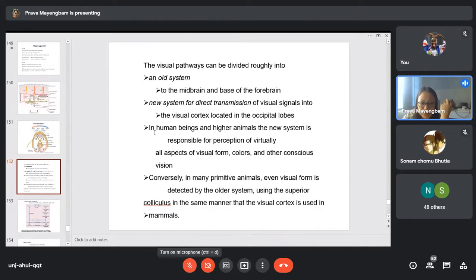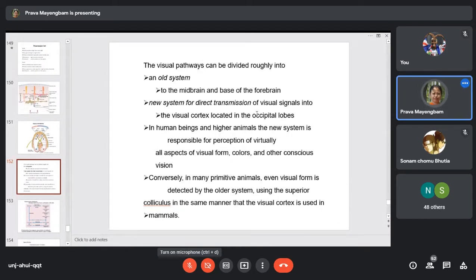In human beings and the higher animals, the new system is responsible for perception of vision. All aspects of the visual form, colors, and the other conscious vision are perceived in the visual cortex located in the occipital lobe. Conversely, in many primitive animals, even the visual form is detected by the older system using the superior colliculus, in the same manner that the visual cortex is used in mammals.